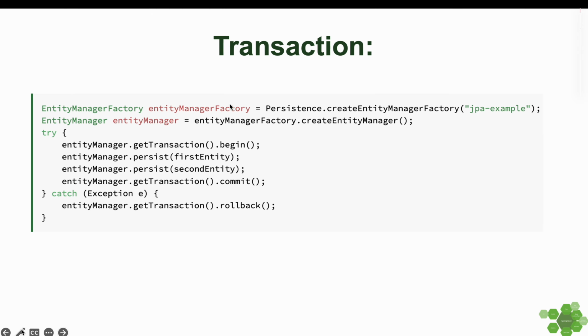So if we are doing all this for each method call, this is obviously not optimum. Why can't we put everything in here, which is what we want to do? And I already explained the transaction demarcation and everything that you need to know. So this is how a transaction will typically look.